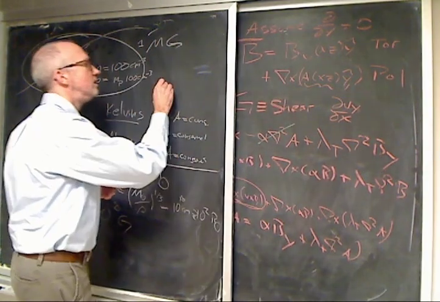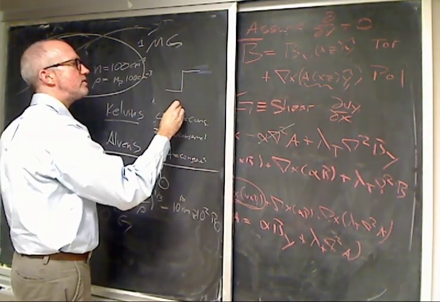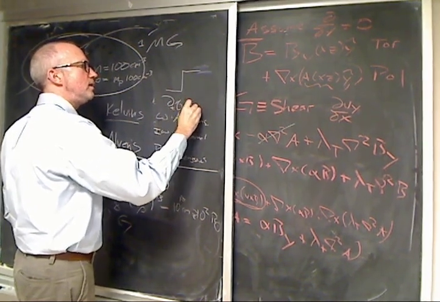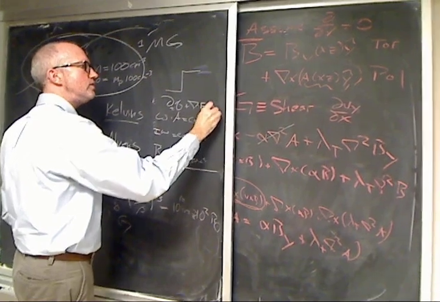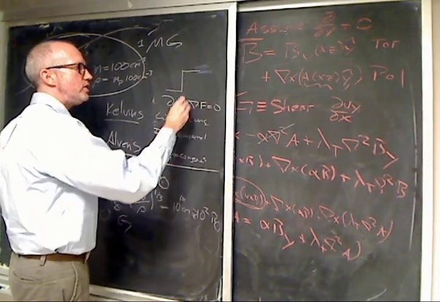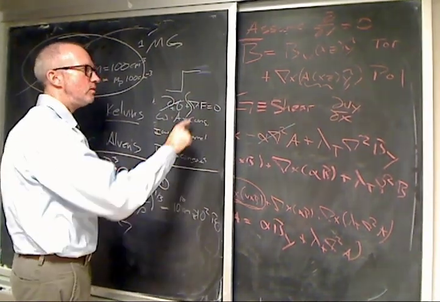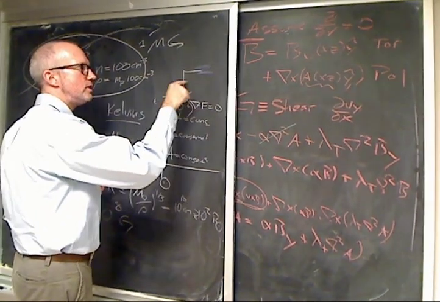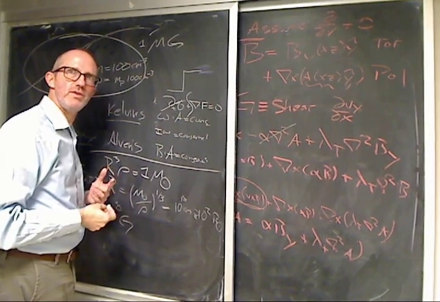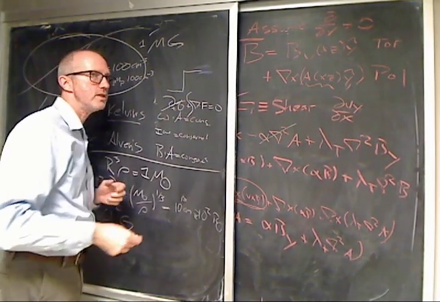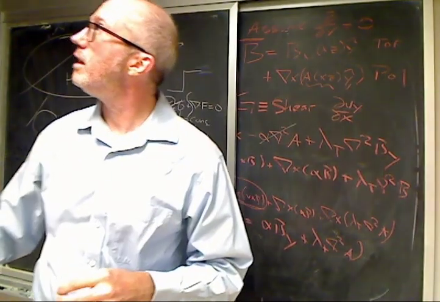I have an interface, and I have conserved quantities that look like dq dt plus div f equals 0. If we integrate, we set the time derivative to 0 when we integrate across the step function, so you just get a step function in the flux. So the real stunt in deriving the Rankine-Hugoniot equations is just writing things in a conservative form and then integrating.